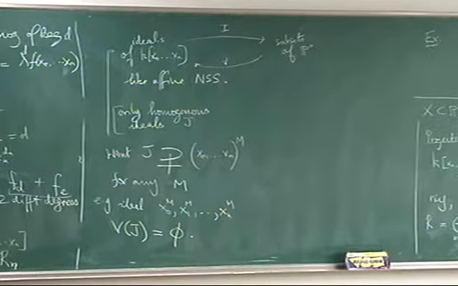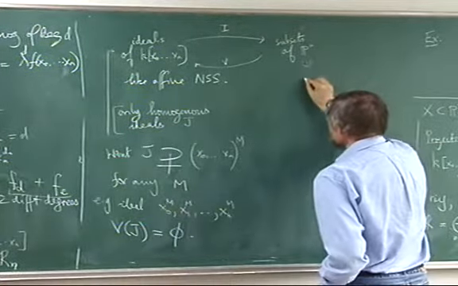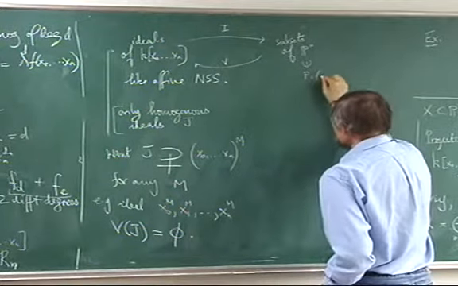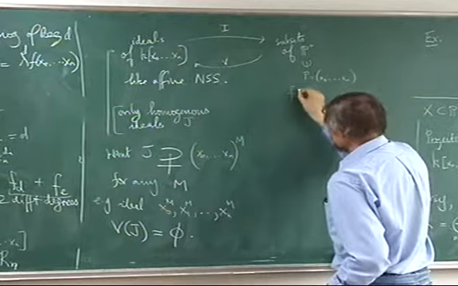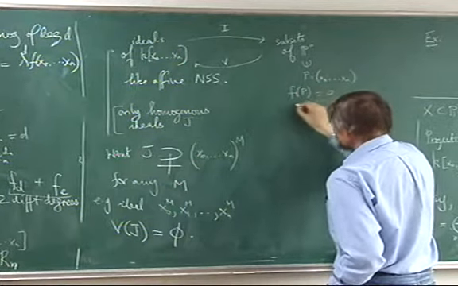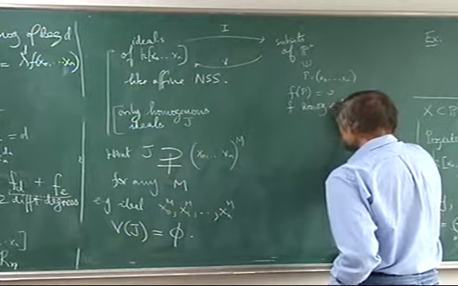Okay, because I'm going to be looking at points here. So I've got a point P which is x0 up to xn, and then I'm going to be asking that f of P is 0 for f homogeneous in the ideal J.